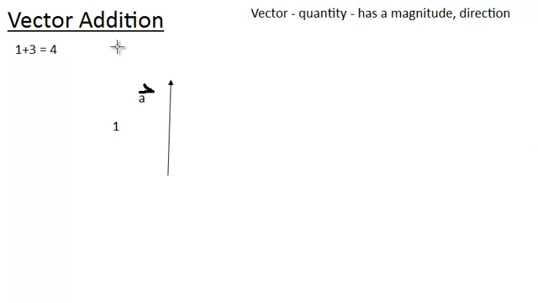Okay, and let's say we have another vector. So I'm just gonna copy this arrow. Let's say we have another vector, and we're gonna call this vector B, and we're gonna say that it has a magnitude of 3, just like the addition above. I'm not going to care about units right now.